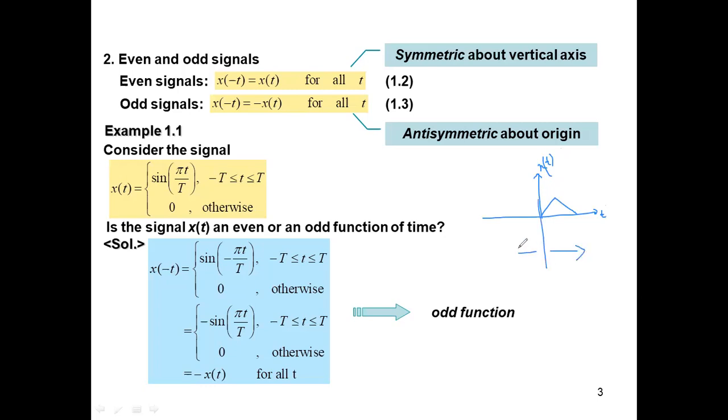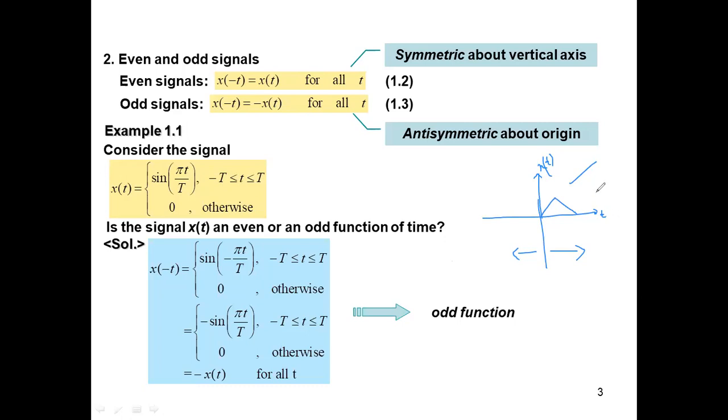These are the values on the left side. For a signal to be even, they have to be mirror images. If the signal has to be odd, then they have to be inverted mirror images, just like we saw in the previous example. Now, for this particular signal here, what do you think? Is it an even signal?